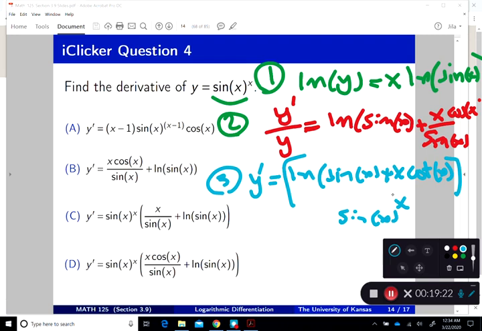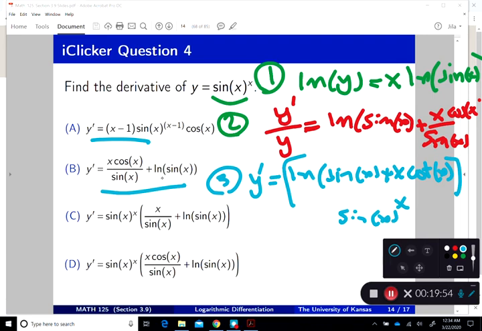So let's see which one of these has it. I see sine of x to the power x appearing in two of these. Oh, look at that, that's bad. It's as if they tried to use a power rule and that sort of thing, and this is not complete because you don't see the y part in there.